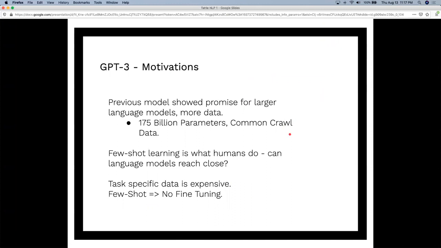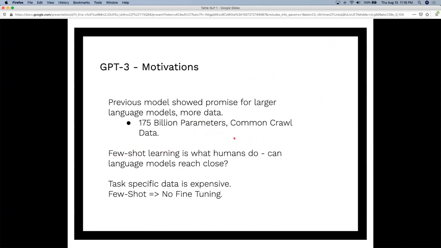So from 7,000 texts or documents, they went to 8 million documents, and the parameter count went from 100 million to 1.5 billion. In both cases, they showed significant improvement in language modeling abilities. So they are just trying to push this as much as they can in this paper.